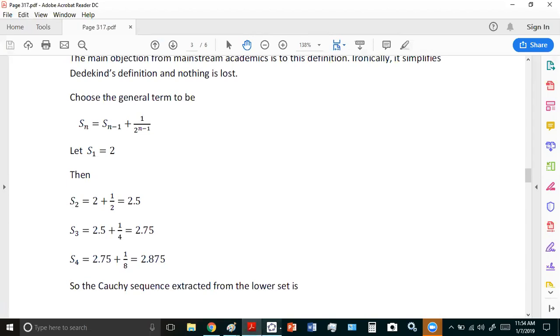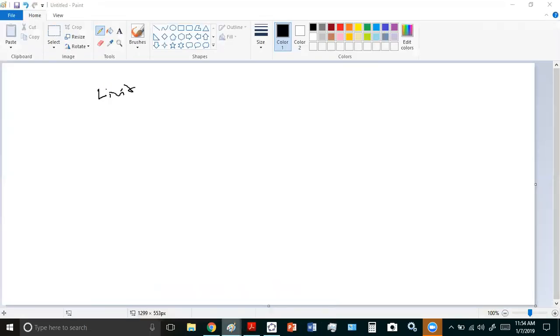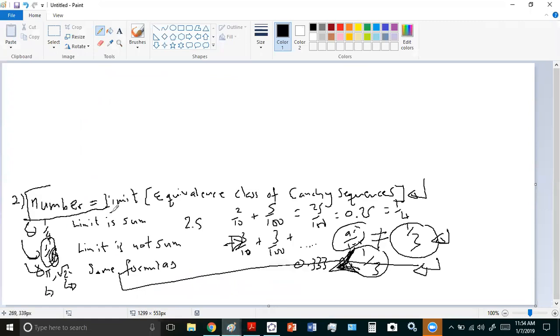That's why in the notepad, we say it's the limit, because the limit is what makes these equivalent.